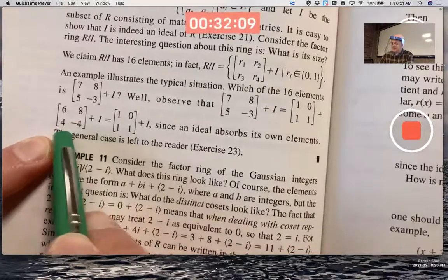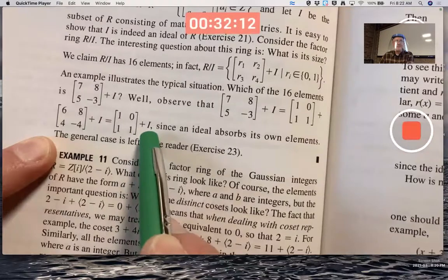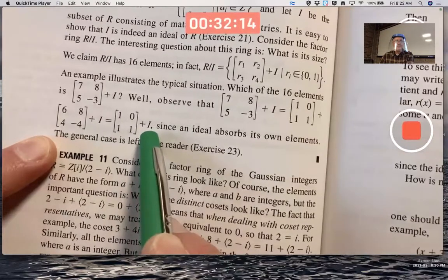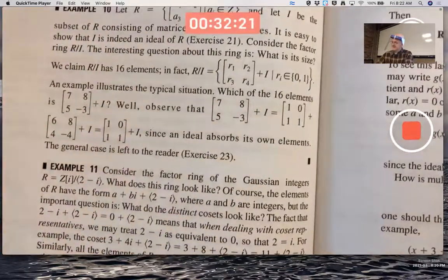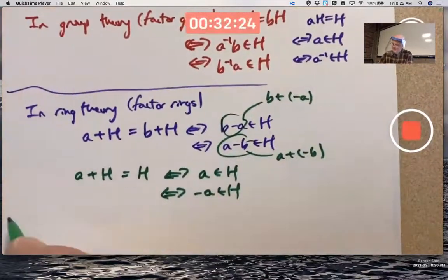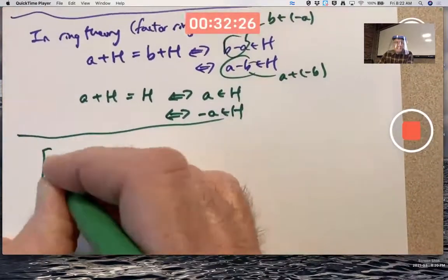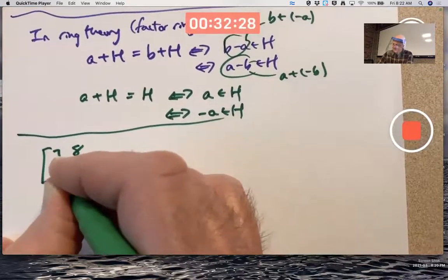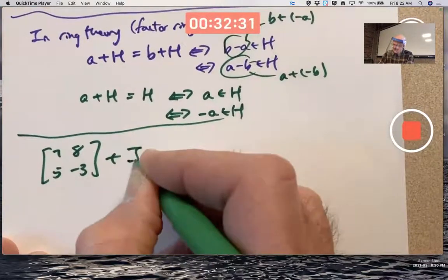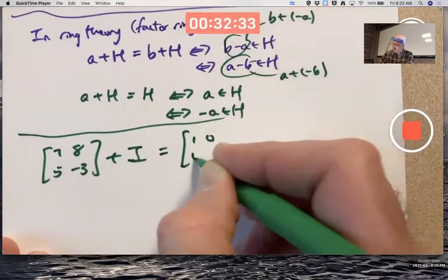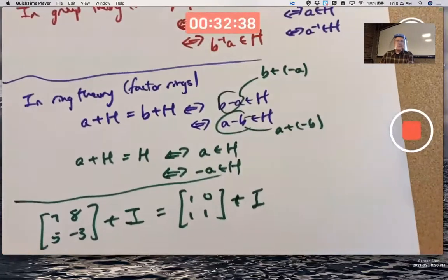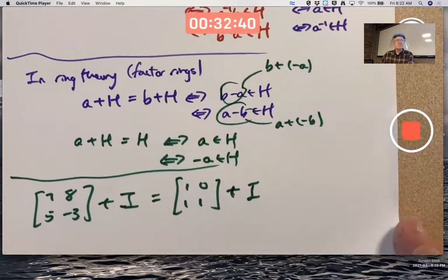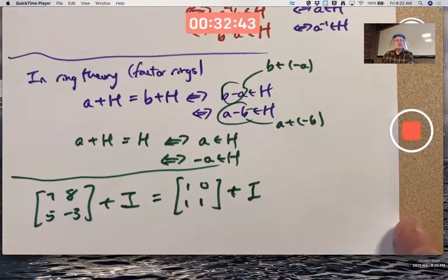This expression, this matrix plus I, can effectively be replaced by I. Another way to look at this is to wonder, the book is claiming here that 7, 8, 5, -3 plus I equals 1, 0, 1, 1 plus I. Are those cosets really the same? That's what the book is claiming in the calculation.